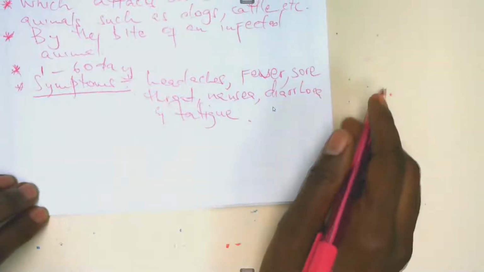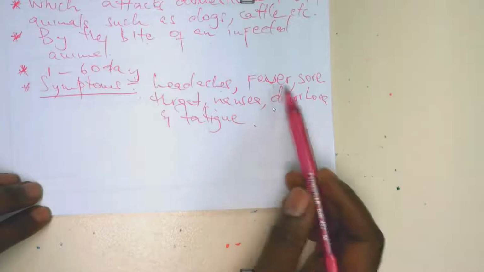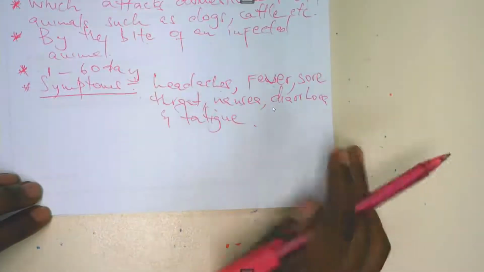So these are the symptoms of rabies: headaches, fever, sore throat, nausea, diarrhea, and fatigue.